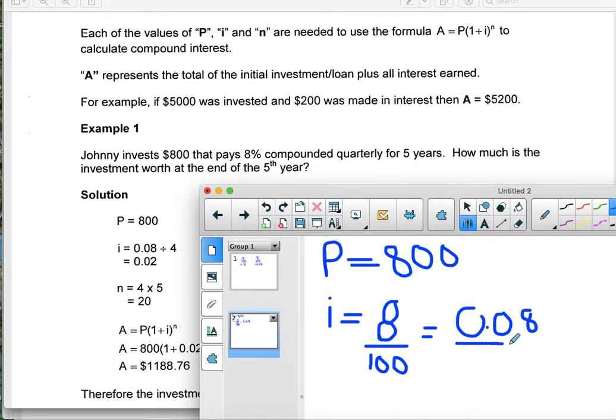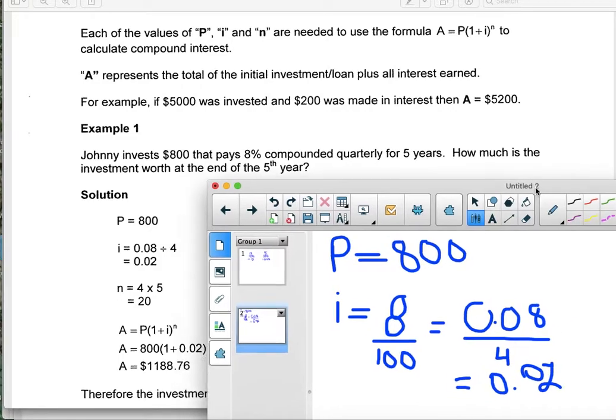But we also remember from our notes that we need to divide it by the compounding period. This says it's compounded quarterly for 5 years, so we need to divide that by 4, and that's where we get the i value of 0.02. It's getting late in the day, kids. So that's where this number is coming from. We calculate the i by dividing by 100 and then dividing by the compound period.